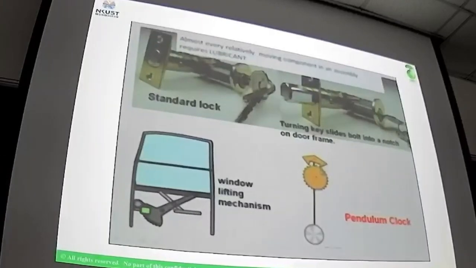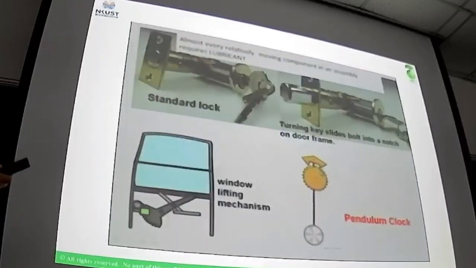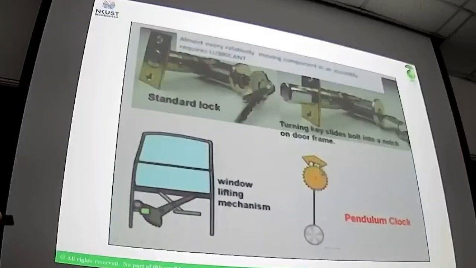Usually you have a mechanical movement from the tribological components, especially for this door lock in your house or in your automobile, or here in the window lifting mechanism.